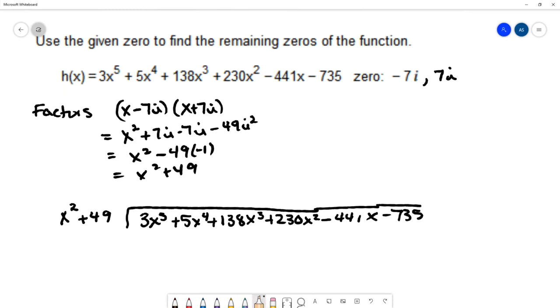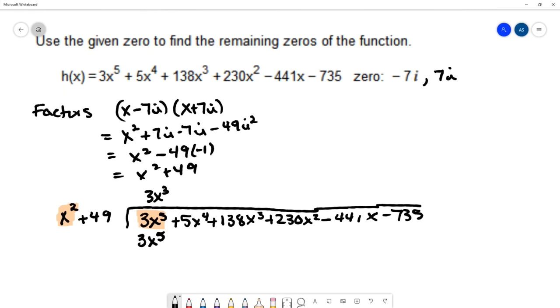I'm going to try to match the leading term here with the leading term here. So I can multiply 3x cubed by the x squared, and that would give me 3x to the 5th, and 3x cubed times 49 would give me, I think, 147.